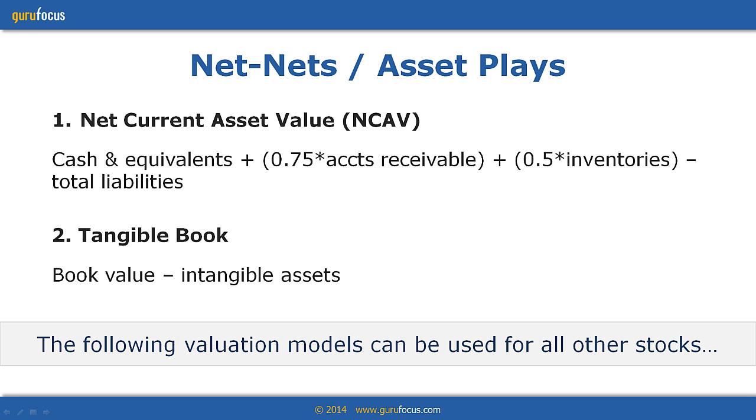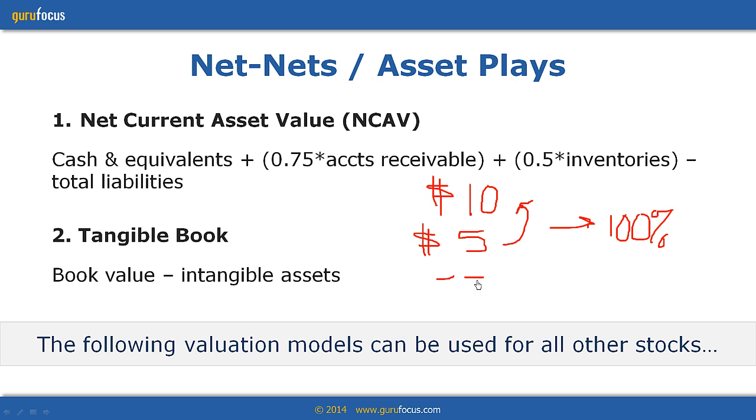All right, if a company is worth, let's just say on paper, using this net current asset value, let's say it's worth $10 a share. All right, and the stock's trading at, say, $5. That's kind of a no-brainer. You buy it at 5, look to flip it out at 10, and you're looking at trying to get 100% return. Okay, but if this company is losing $4 a share per year, then that $10 isn't going to be there very long, is it?